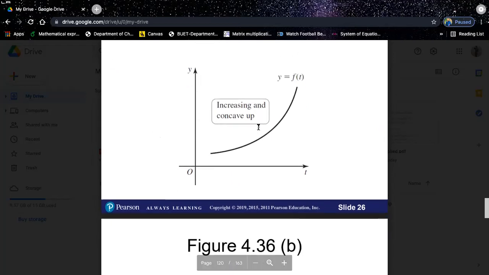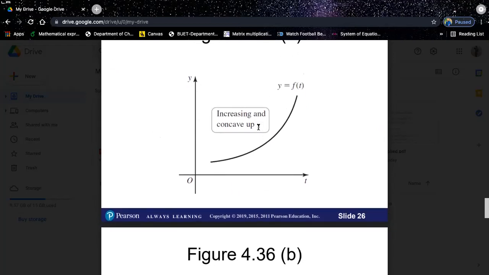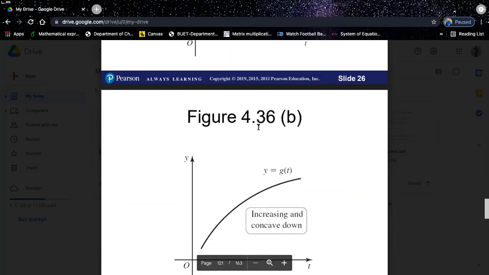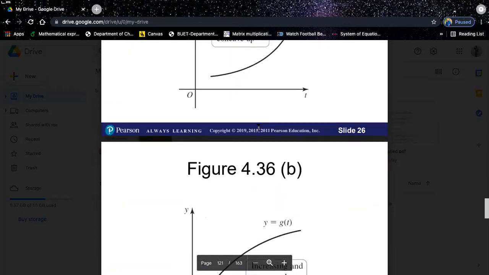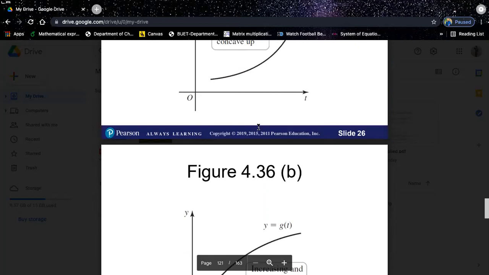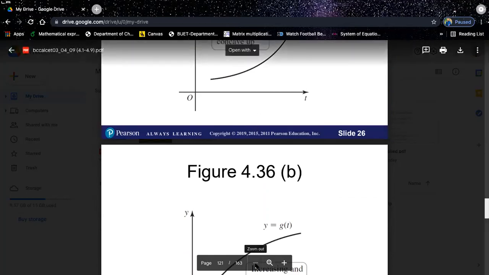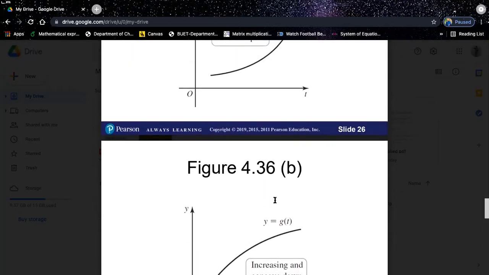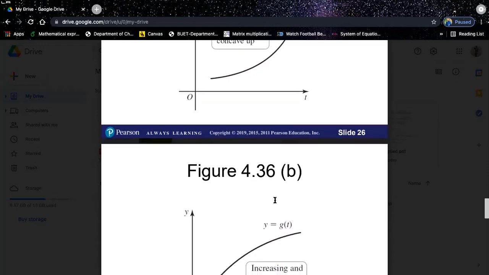Now let's see whether it means the function has to be increasing all the time if we say it's concave up. And the answer is no. So I wish I could show these two graphs simultaneously. Yeah, can you see both the graphs?